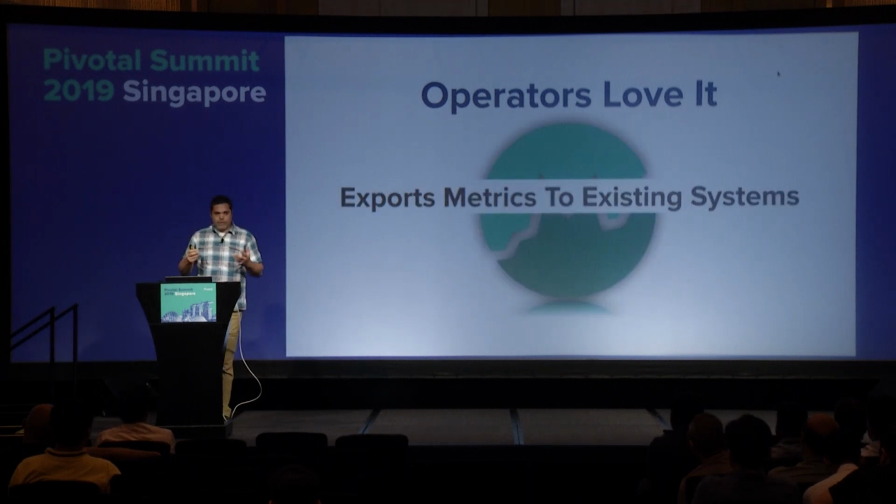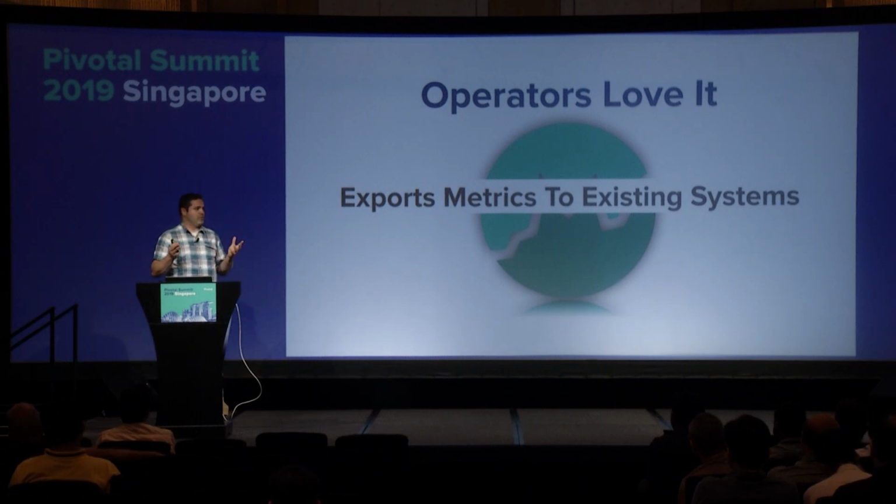So we integrate with Micrometer. That's been mentioned before. So if you're not familiar with Micrometer, it was created for Spring Boot 2, but it's the SLF4J for metrics, right? It's an API that allows you to create metrics and gather them, and then export them to whatever system you have.